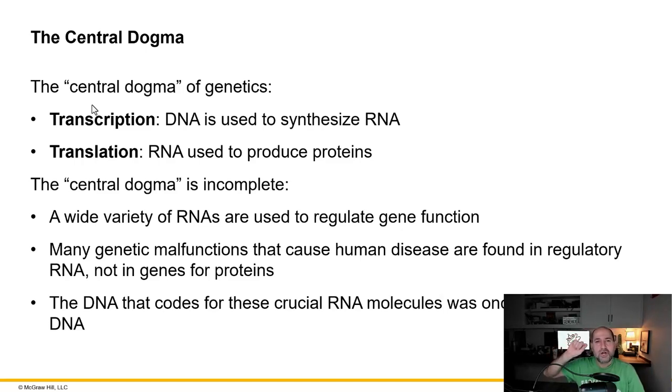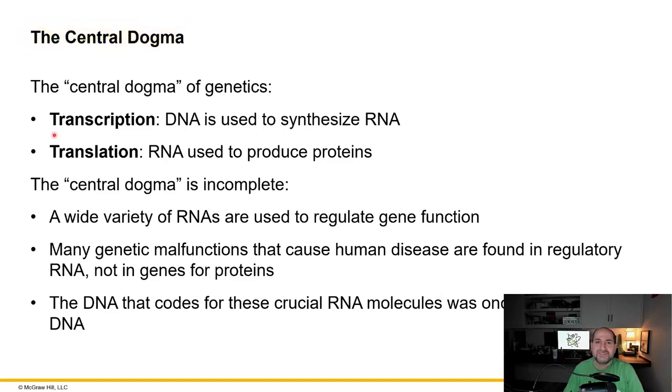Those genes are copied into what is known as mRNA or messenger RNA, which is essentially an RNA copy of that gene. And then ribosomes can interpret that mRNA message to produce a protein. This flow of information from gene to RNA to protein is called the central dogma of genetics.